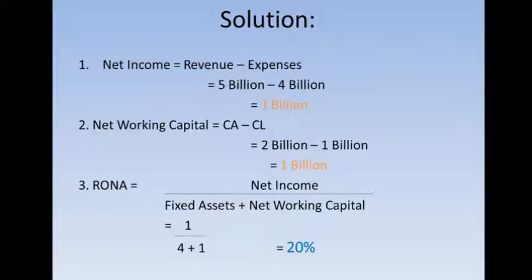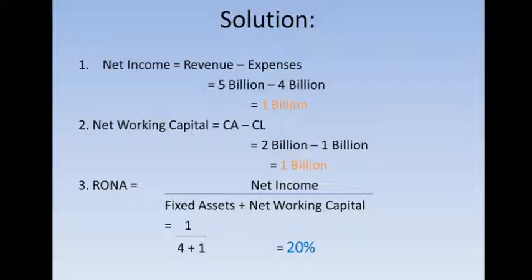So in the solution we can see that the formula of net income is revenue minus expenses, which we need for the numerator of the formula. So if we deduct 5 billion minus 4 billion, it gives us 1 billion of net income. And second, net working capital is required on the denominator side of the formula, which is current assets minus current liabilities.